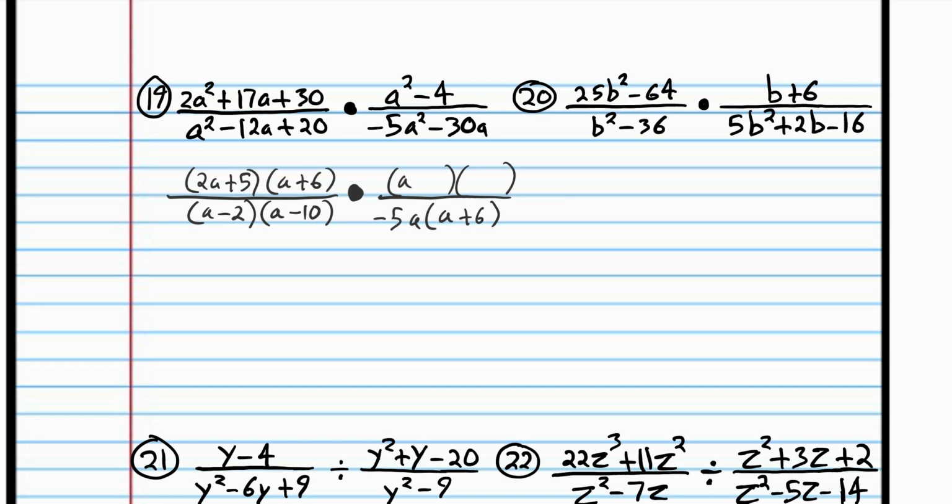And difference of two squares, what number times itself equals 4, and put a plus and minus. So now we're ready to cancel out. And I think that's it. Now we just multiply straight across.